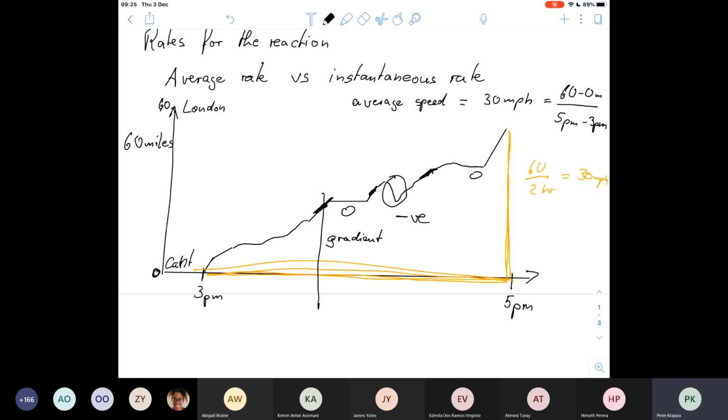And how do we find the gradient? Well, instead of looking at the entire journey here, in order to find the gradients, we can find another gradient. We just take a little slice of the time.